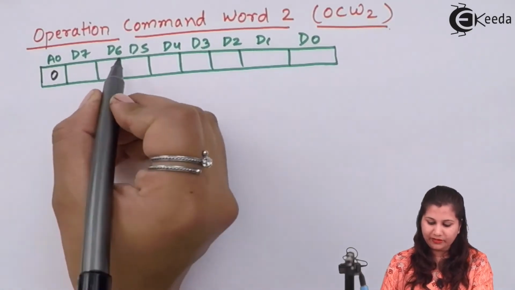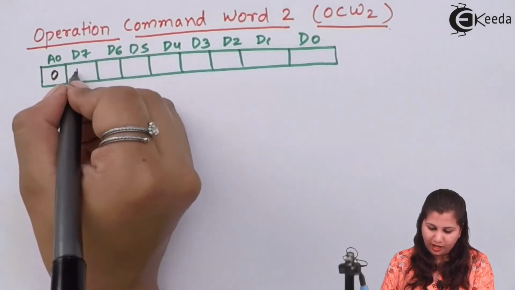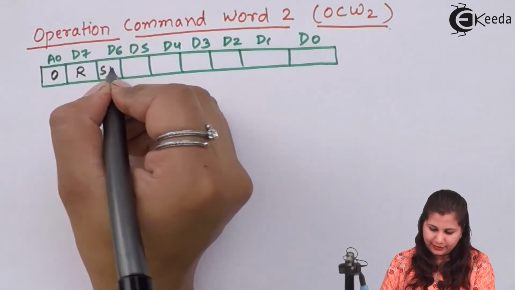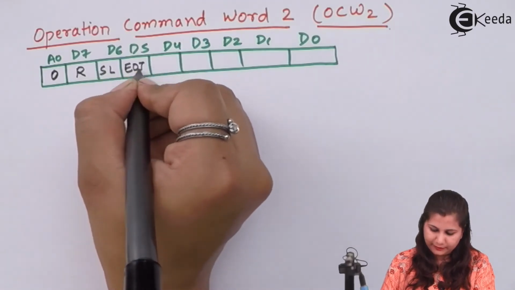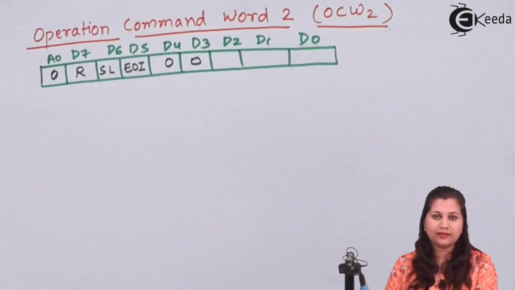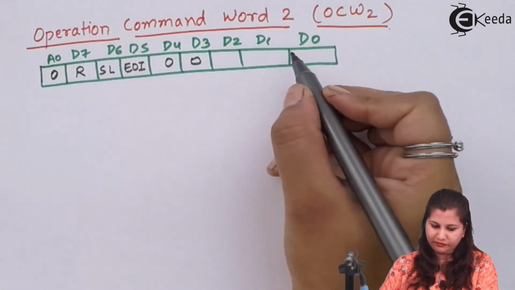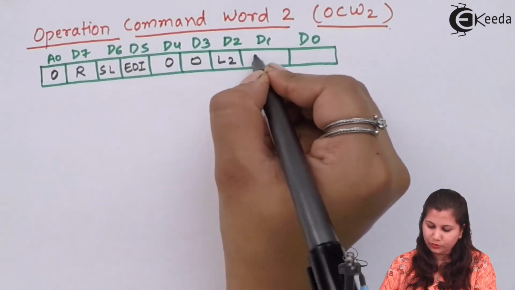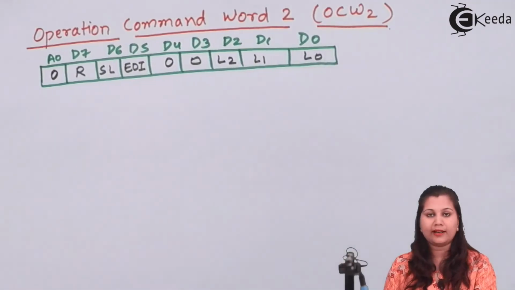Then we have D7, D6 and D5, which are R, SL and EOI. Then D4 and D3 are at the constant logic 0, 0. Then we have D2, D1 and D0, which are L2, L1 and L0.